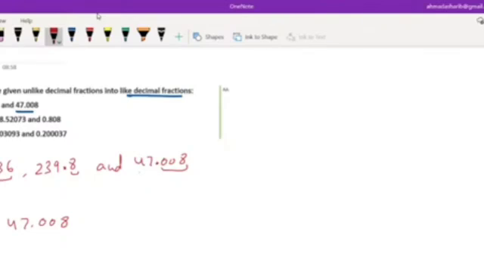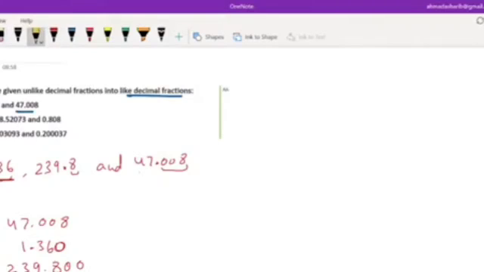Now you will write this one, which is 1.36. As you can see, there are 2 digits, so we will add one more zero here. Then we will write 239.800. We will add two zeros, so that we can have 3 digits after the decimal.